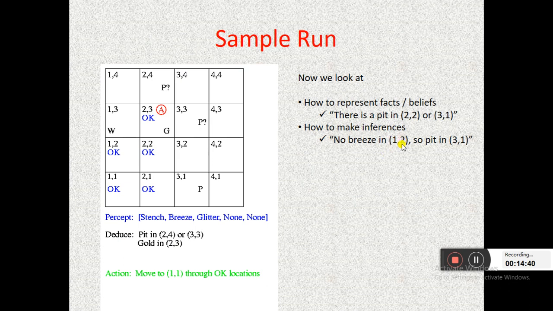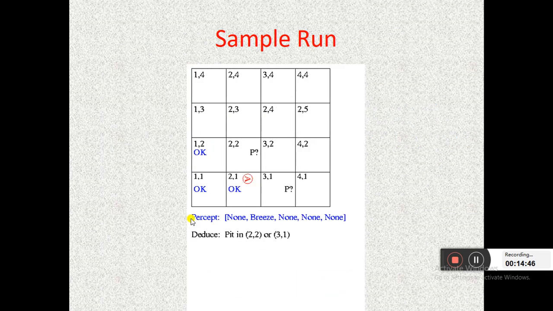No breeze in 1 2, so pit in 3 1. All this we have done in this example. This was actually the problem, and we were solving the problem over here. This is a simple run of Wumpus world.